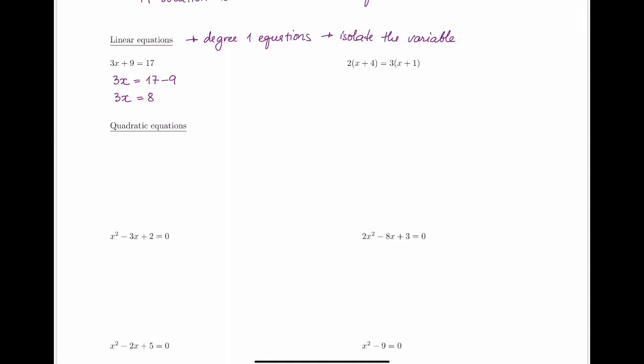So I cannot just divide the left-hand side by 3 but not the right-hand side, because then these two things will no longer be equal. Dividing both sides by 3 will give me that x is equal to 8/3, and that is therefore the solution to the original equation. You can plug it back in to make sure that it actually works out, and you will see that it does.